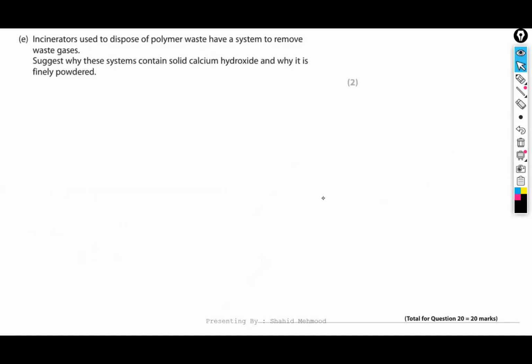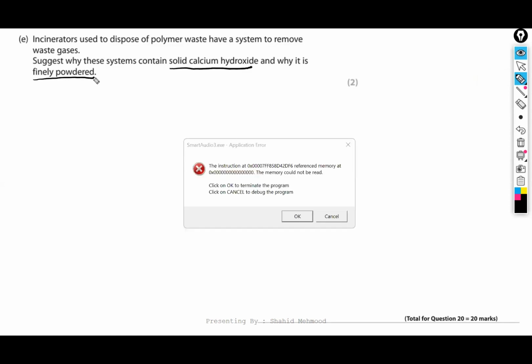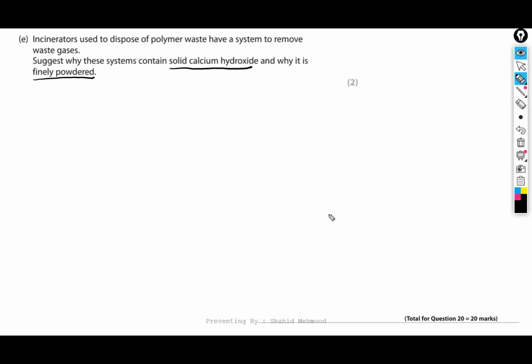Incinerators used to dispose of polymer waste have a system to remove waste gases. Suggest why these systems contain solid calcium hydroxide in finely powdered form. Calcium hydroxide, you can see from the name or formula, is alkaline.